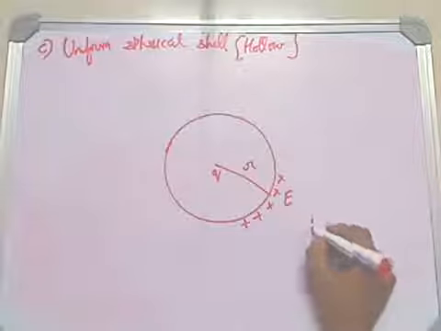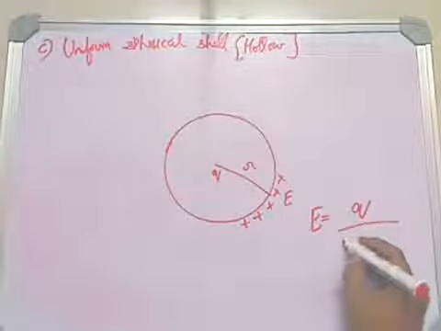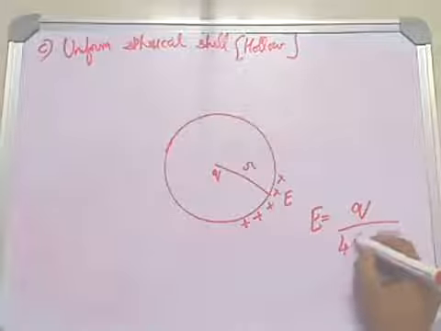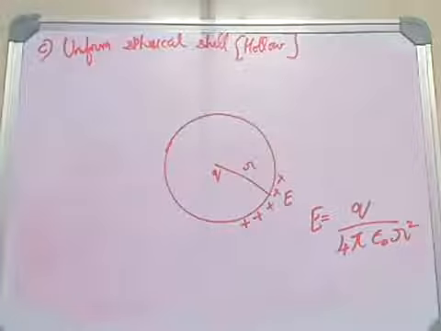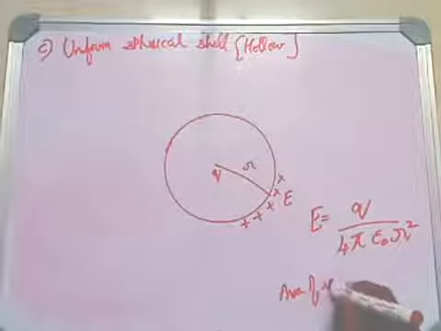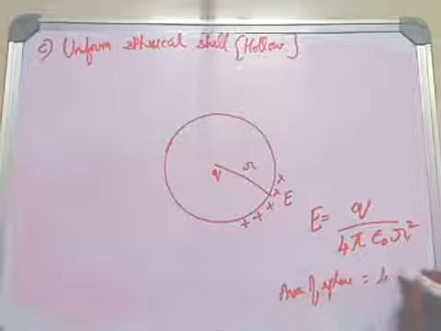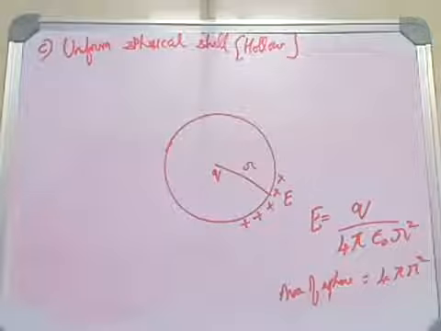Here E equals Q by 4 pi permittivity of free space R squared. This is nothing but the area of a sphere, which is 4 pi r square. And the same logic is what we've used here.